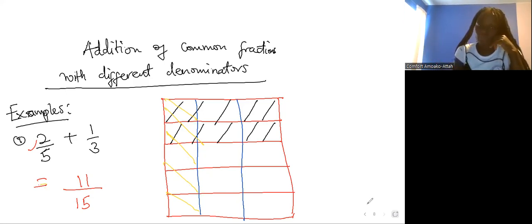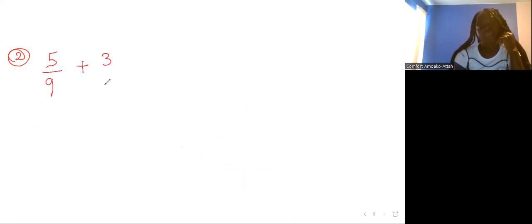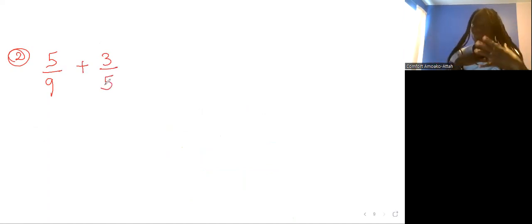So let me give you one to also try your hands on. Okay, let's say we have 5 out of 9 plus 3 out of 5. Very easy. You go through the process. Take a strip of paper, fold it into 9 equal parts, shade 5 out of it horizontally to represent your first fraction.